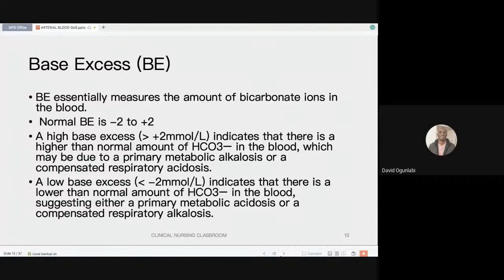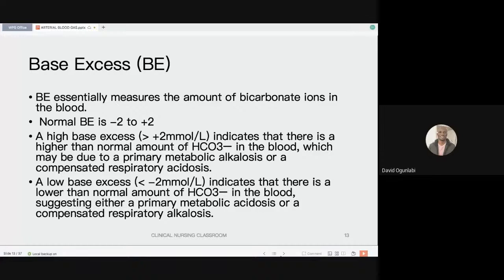That's why we call it base excess. Anything lower than -2 shows a low level of bicarbonate in the body, and if it's more than +2, it shows a high level of bicarbonate in the body.